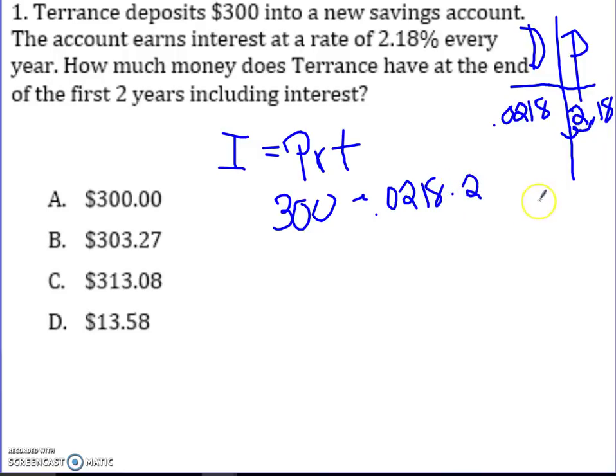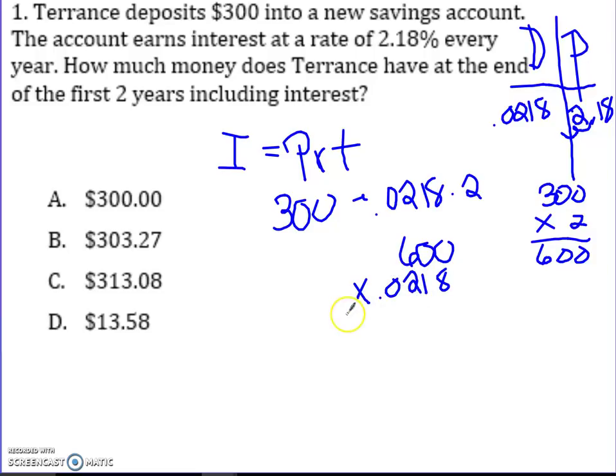All right, so we do 300 times 2. 300 times 2 is 600. So now we have 600 times 0.0218. 8 times 0, 0. 8 times 0, 0. 6 times 8 is 48.